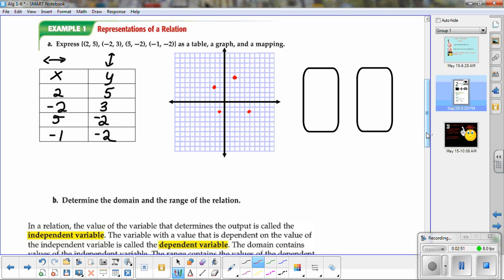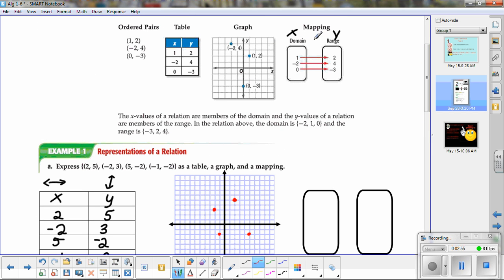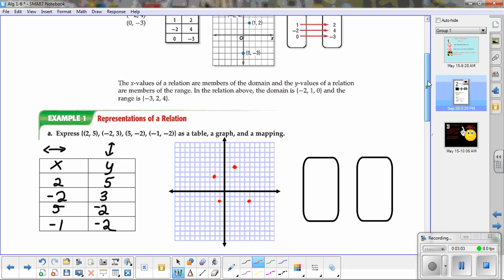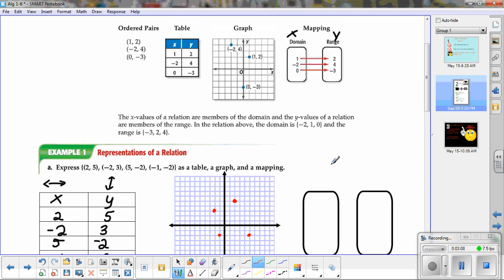Now the mapping just takes our domain and range and draws arrows matching up each domain with its corresponding range. So let's go ahead and label this domain. And this one range.